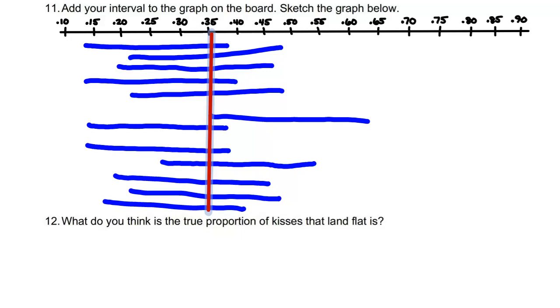I don't know exactly what that particular confidence interval is, but it looks to be, from what we've got, about 0.35. Almost every single confidence interval captures that.